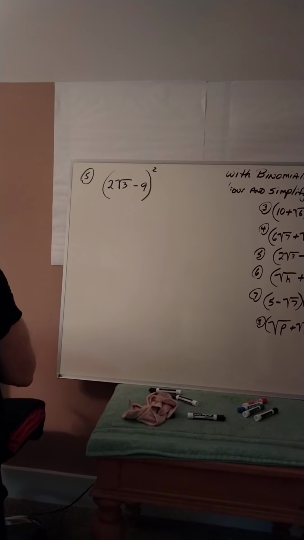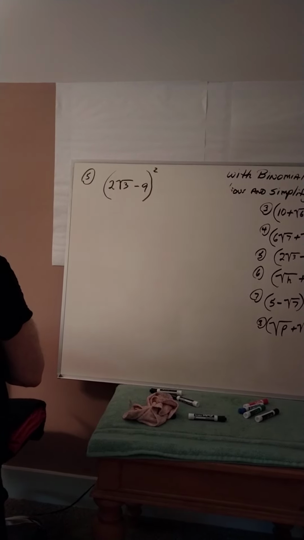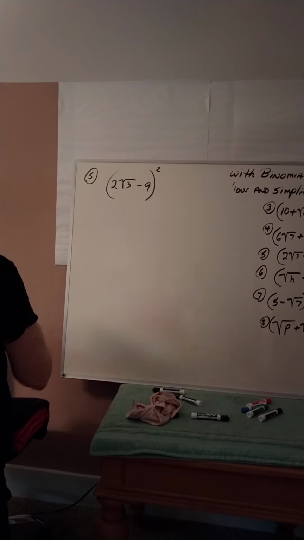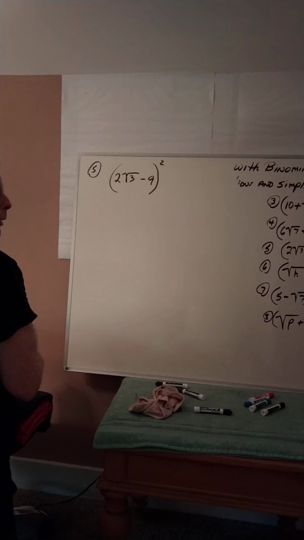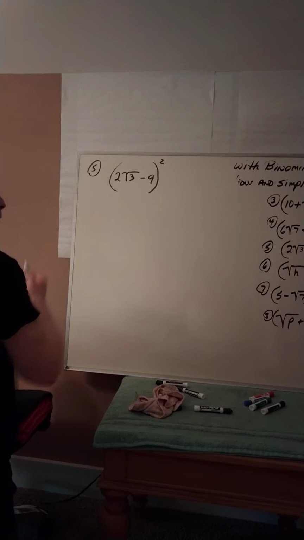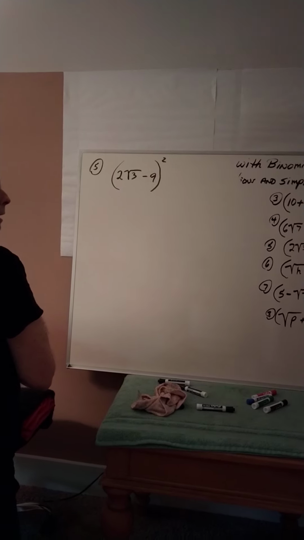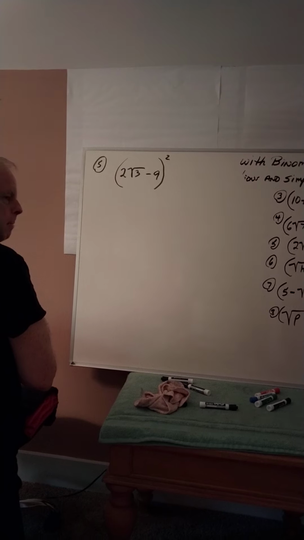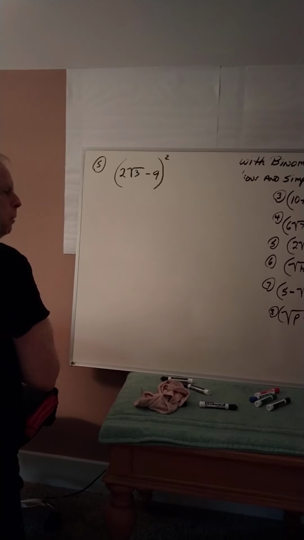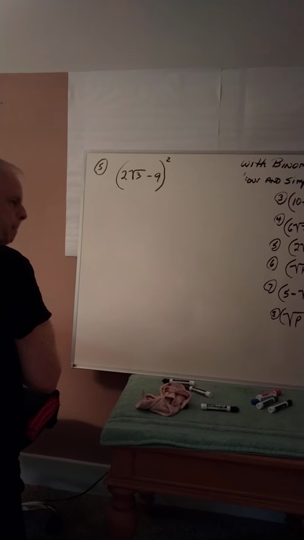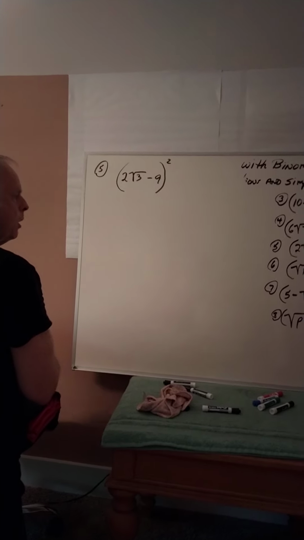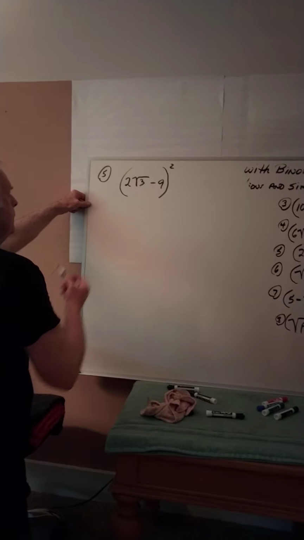We're squaring a binomial. Now, I decided going into this, I'm not going to illustrate the technique of squaring a binomial here when we're working with radicals. I think it will harm more than help. We're going to do it in the more simplistic way, the more understandable way.